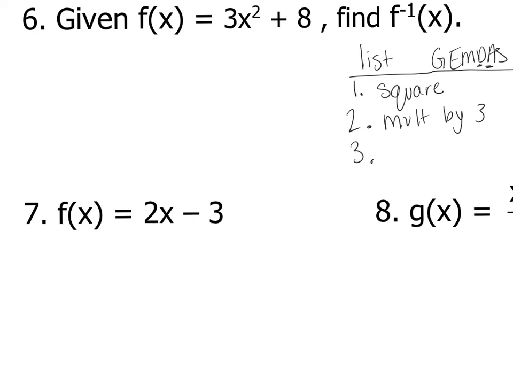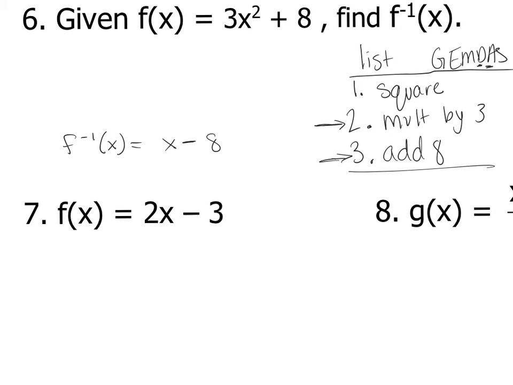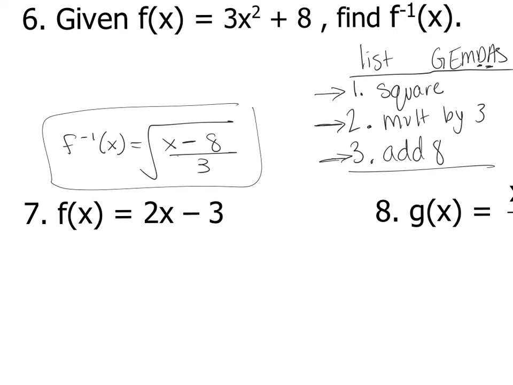So the last thing we did was we added 8. So I'm ready for my answer. f negative 1 of x happens when I take x, and I'm going to start at the bottom. Instead of adding 8, I subtract 8. Then instead of multiplying by 3, I divide, and then instead of squaring, I square root. Make sure you square root everything that's written there.